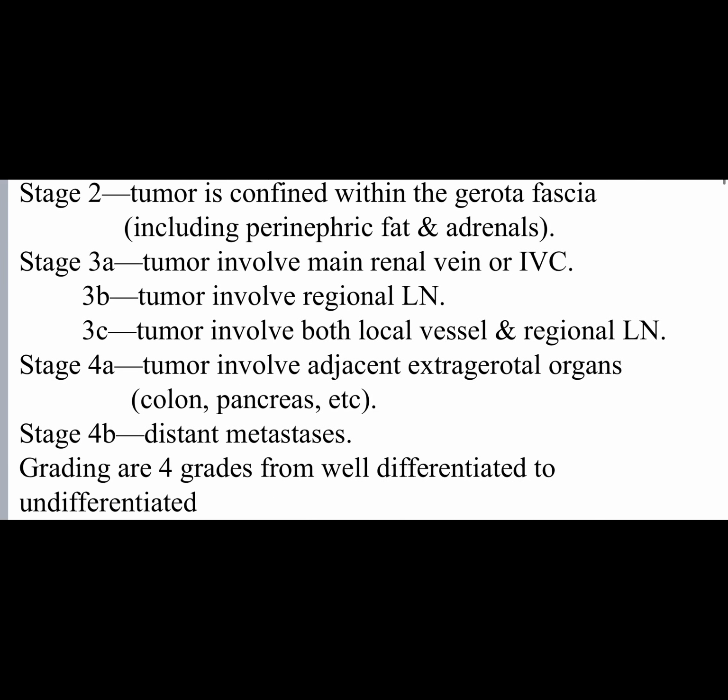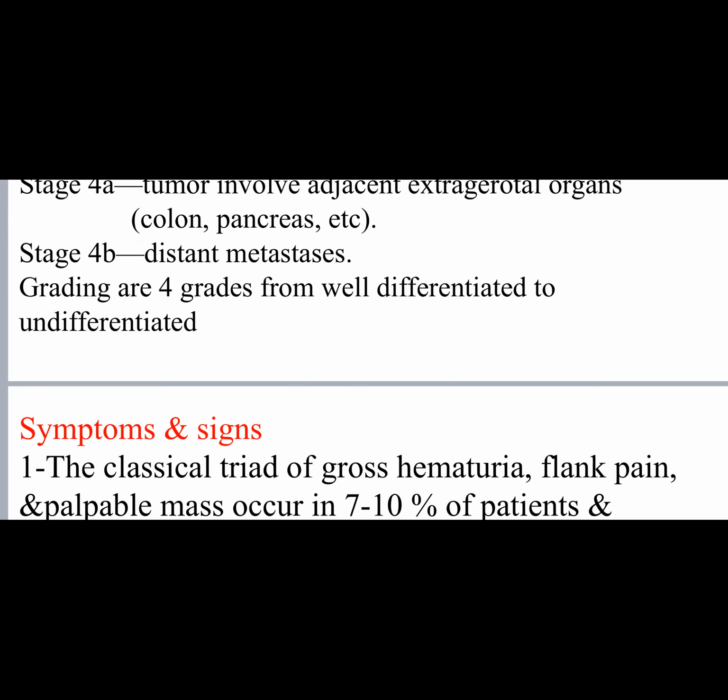Stage 3A, tumor involves the main renal vein or IVC. 3B, tumor involves regional lymph nodes. 3C, tumor involves both local vessels and regional lymph nodes. Stage 4A, tumor involves adjacent organs, colon, pancreas, etc. Stage 4, distant metastasis. The grading system has 4 grades, from well-differentiated to undifferentiated.